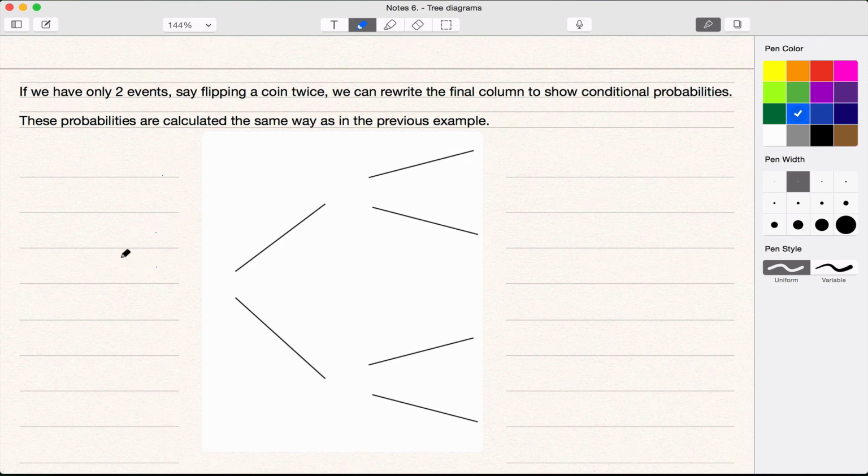Now, if we only have 2 events, say we're flipping a coin twice, we'd only have the first half of the tree diagram, and we can actually rewrite the final column to show conditional probabilities. So I'll fill in the first half for you. And in this final outcome here, what we're actually saying is this is the probability of flipping heads with the coin, given that you've already scored a head here.